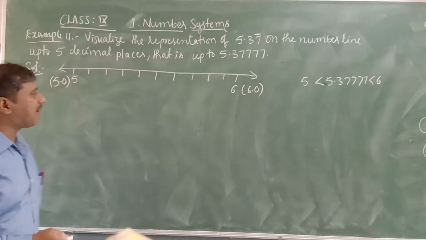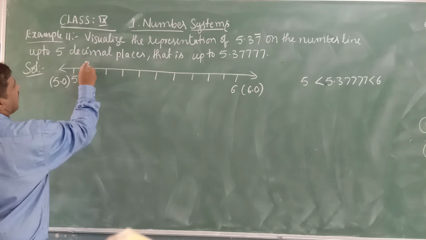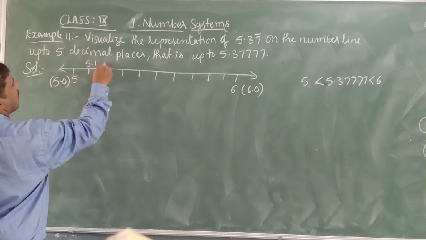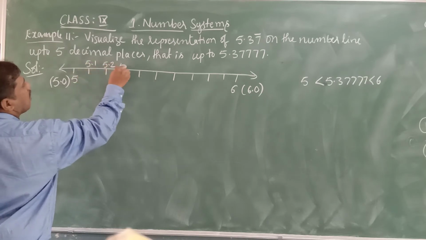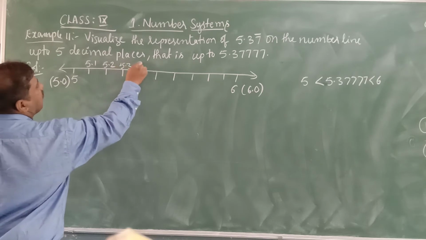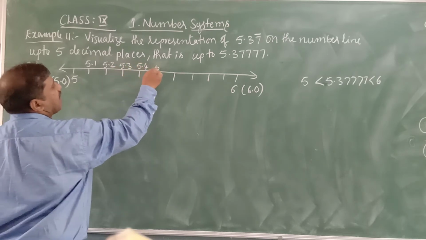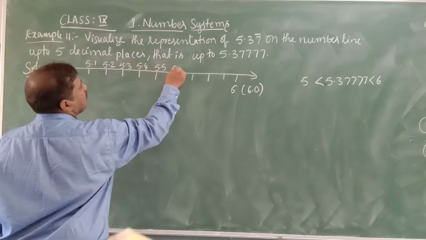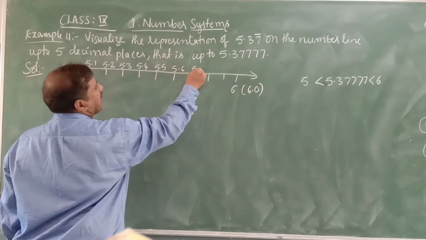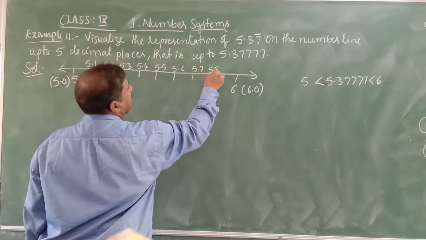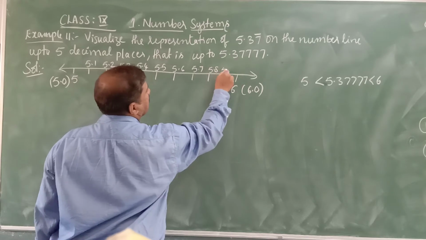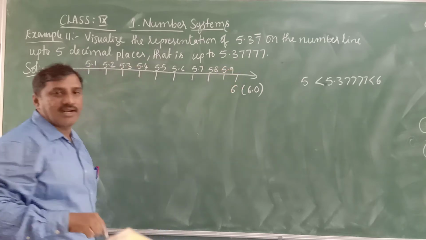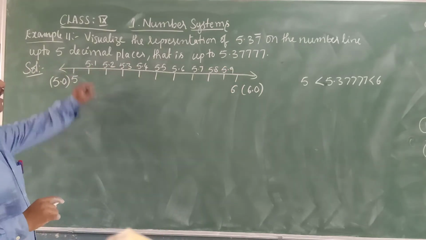Immediately after 5.0 the first line is 5.1, 5.2, 5.3, 5.4, 5.5, 5.6, 5.7, 5.8 and 5.9. The last one is 6.0.